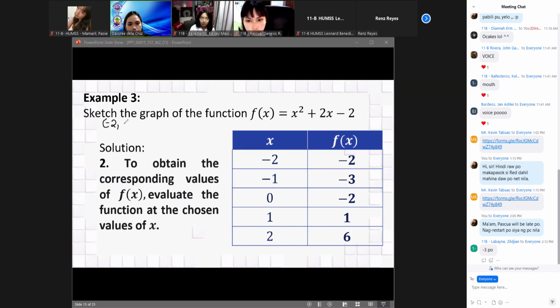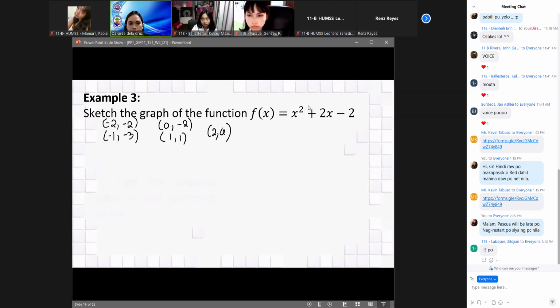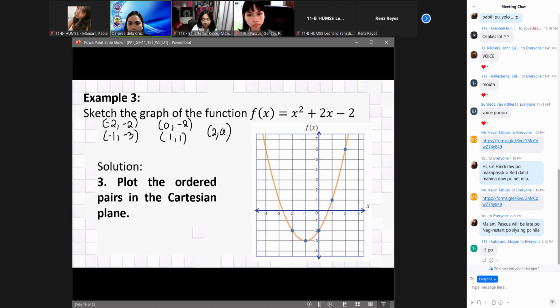So, negative 2, negative 2, negative 1 and negative 3, 0 and negative 2, 1 and 1, and then 2 and 6. So, kung i-graph natin yan, kailangan natin siyang i-plot sa Cartesian plane. Okay? Always remember, if we are going to draw a Cartesian plane, laging may x-axis na mayroong arrowhead sa dulo. So, ang ibig sabihin po kasi ng arrowhead is continuous. Tuloy-tuloy yung mga numbers. Okay? Never ending yung numbers dito sa Cartesian plane.